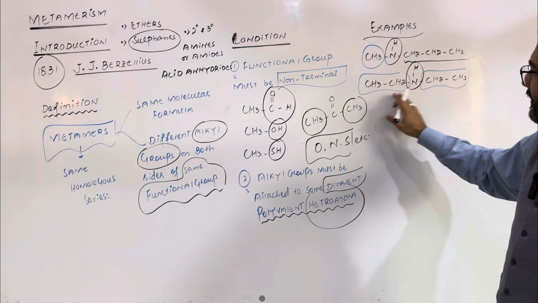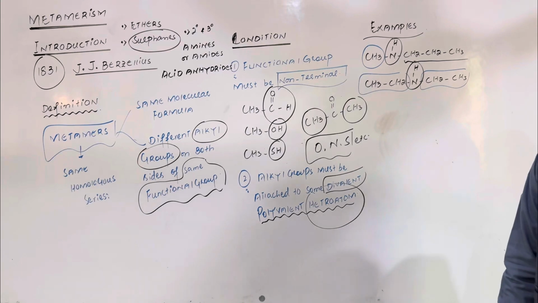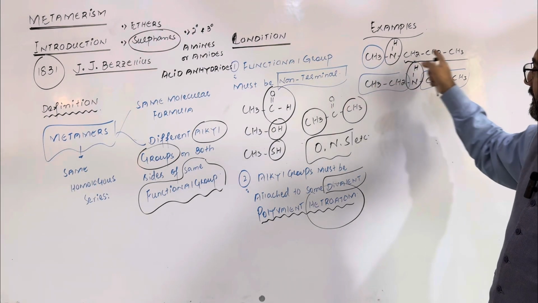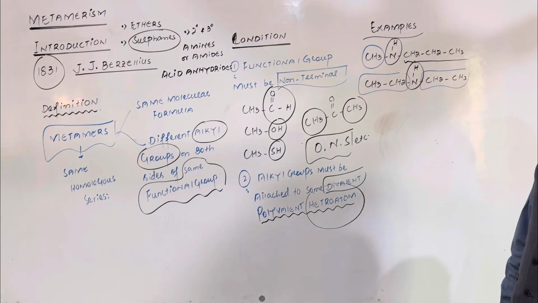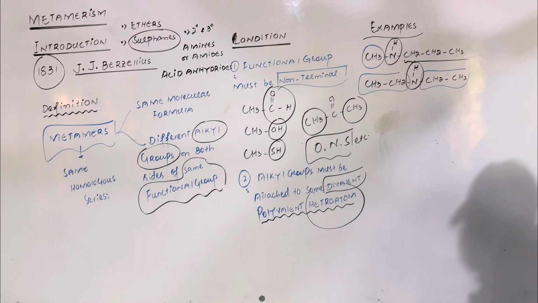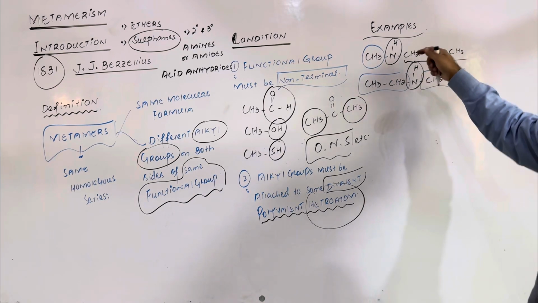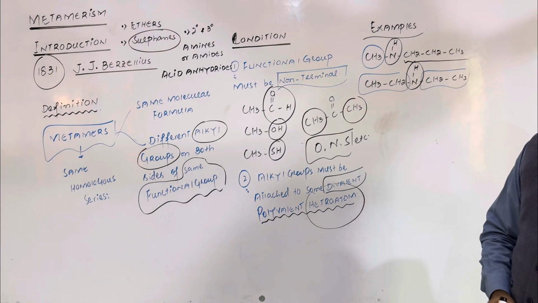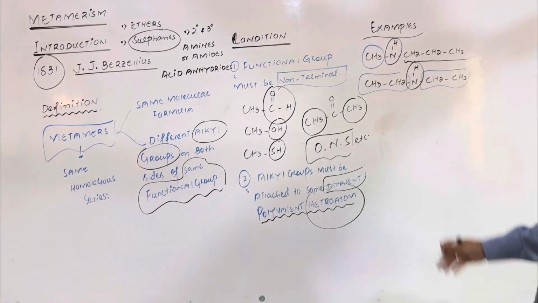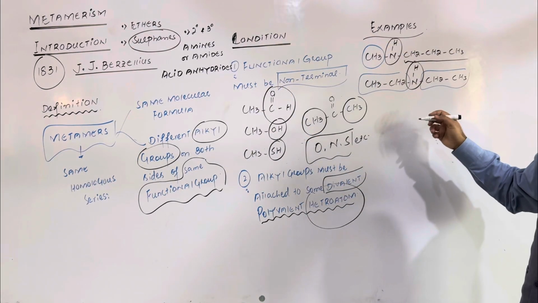This one is very simple. It will be called diethylamine, and that will be called N-methylpropan-1-amine, or you can say methyl propyl amine. So they will also be called metamers of each other. Now if we talk about the tertiary amines, what will be the example from the tertiary amines?